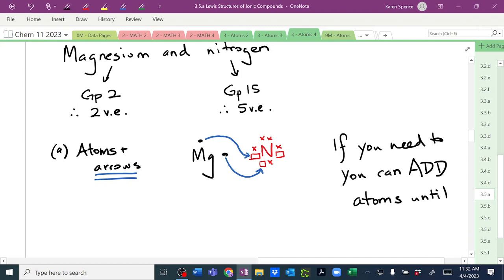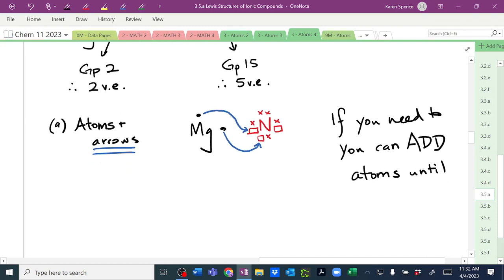Until all the gaps are filled and all the electrons have been moved.